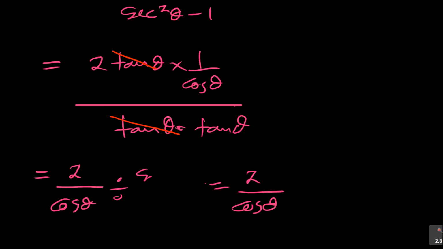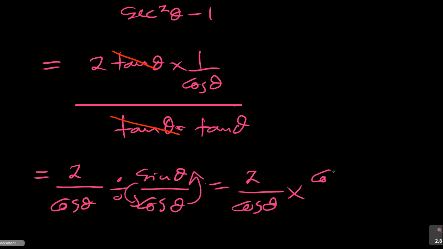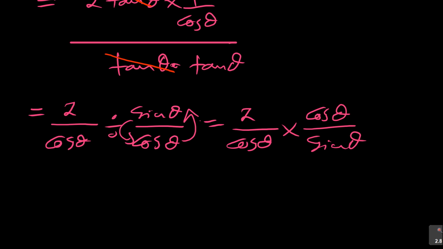Tan is what? Sine theta over cos theta. I can change it at this stage. Then to be times, when you say times, you flip there, which is cos theta over sine theta. Are you seeing that? And then from here, that's where it matters much, where the cos theta cancels the cos theta, and the answer is equal to 2 over sine theta.